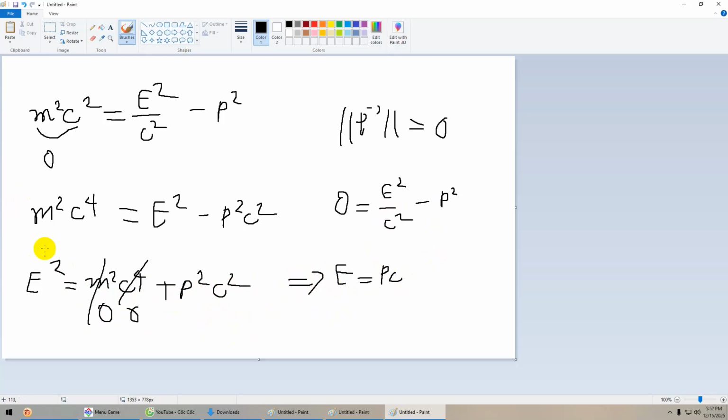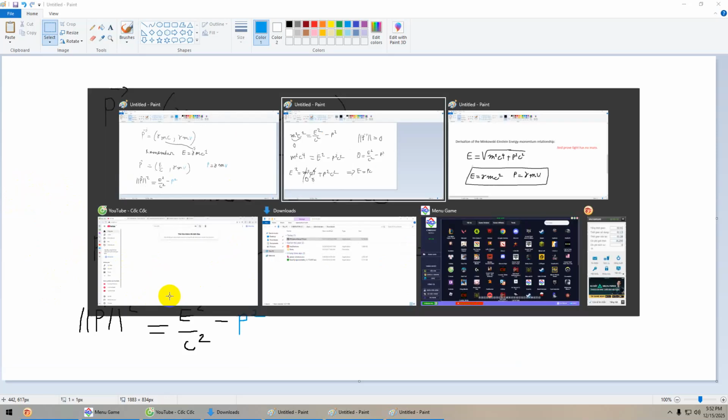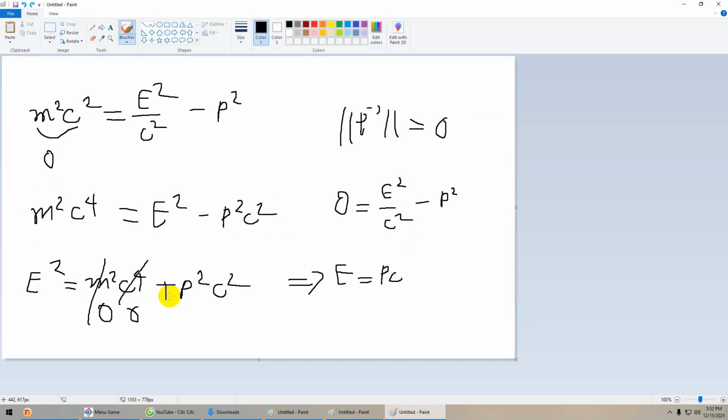So we completely have the energy momentum relationship right here. So it's pretty amazing. What it means is that a photon always has the time component of momentum which is equal to its spatial component multiplied by speed of light, and the norm of momentum square is this term.